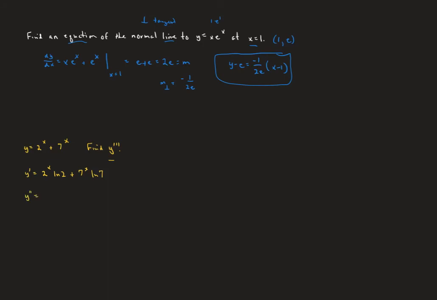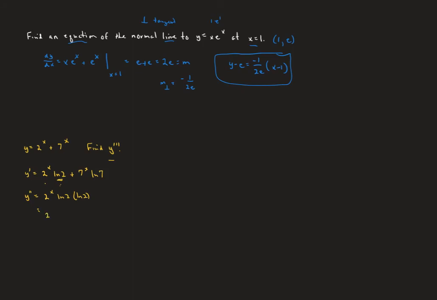Our second derivative, now remember this natural log 2 is just a constant, so the derivative of a constant times a function is just the constant times the derivative of that function. So we're going to get from the 2 to the x another 2 to the x natural log 2, which is going to get multiplied by that natural log 2 that was already there.